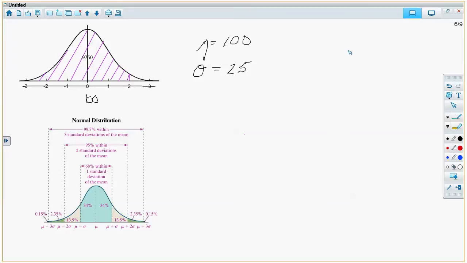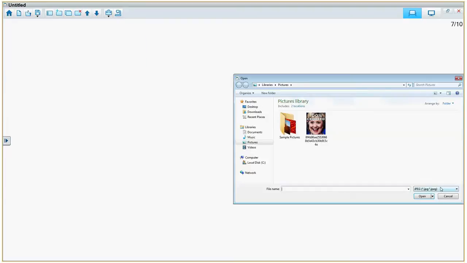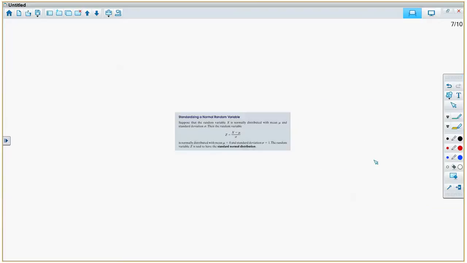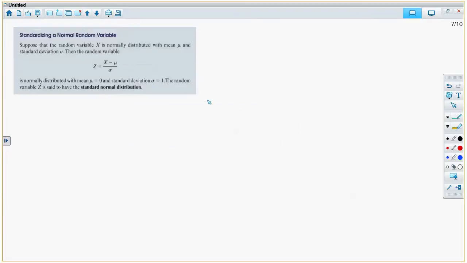So let's move to 7.2. Now, for those of you that walked in a half hour late or whatever the case may be, 7.2 is going to be going over these 3 things. And that's your z-score.